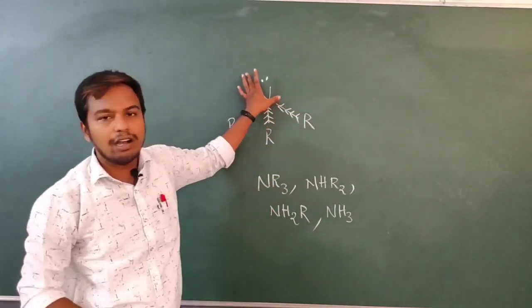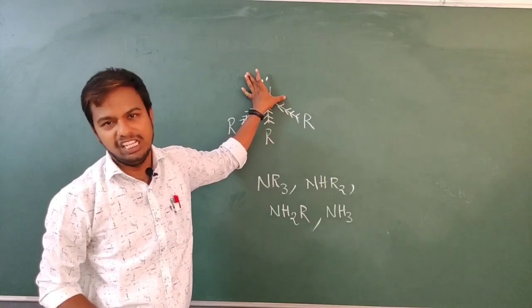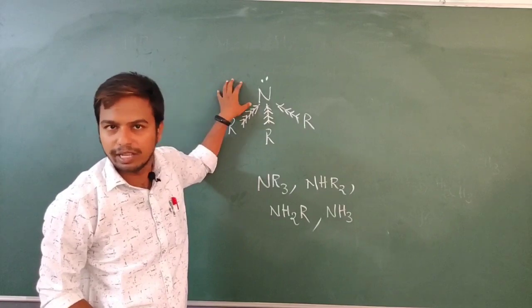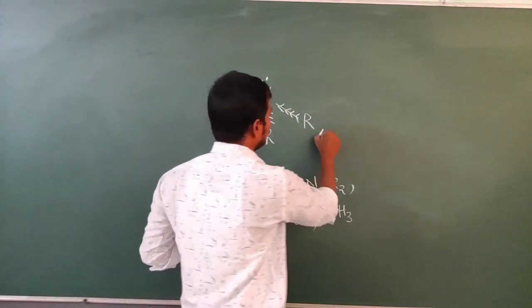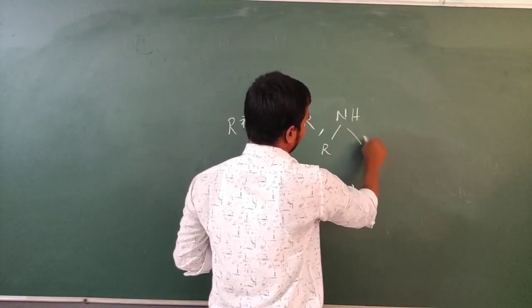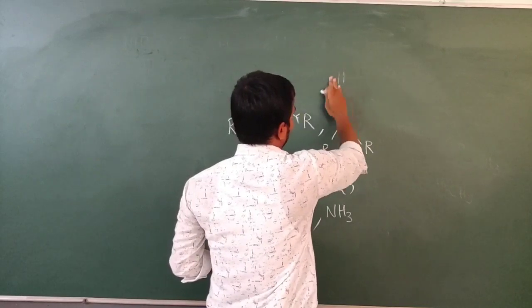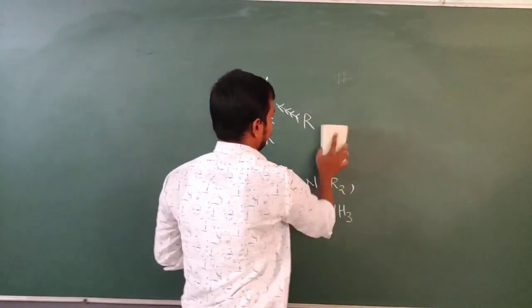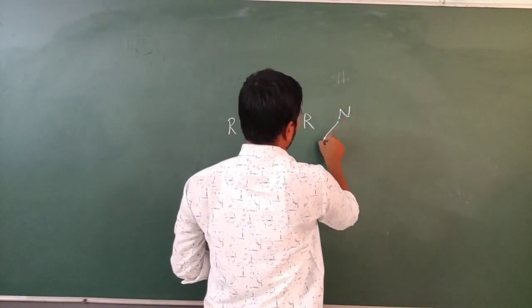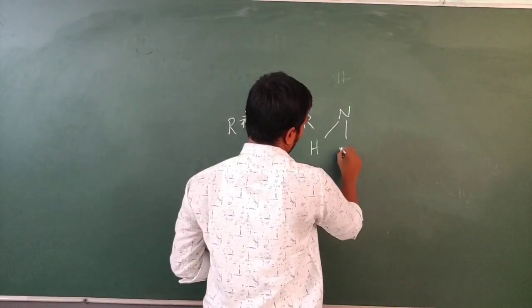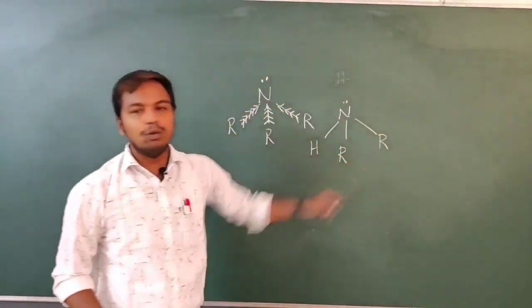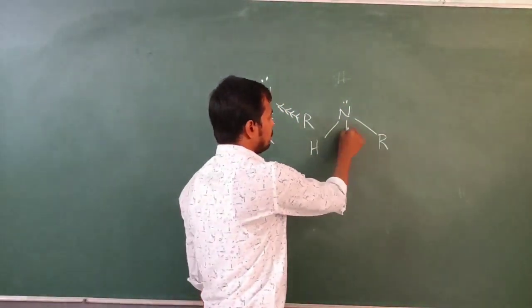So the electron density on the nitrogen atom is very high, and this constitutes the basic nature of amines. Next we move on to another species, NH with two alkyl groups. One lone pair. Here only two alkyl groups are present, so those two alkyl groups will donate.